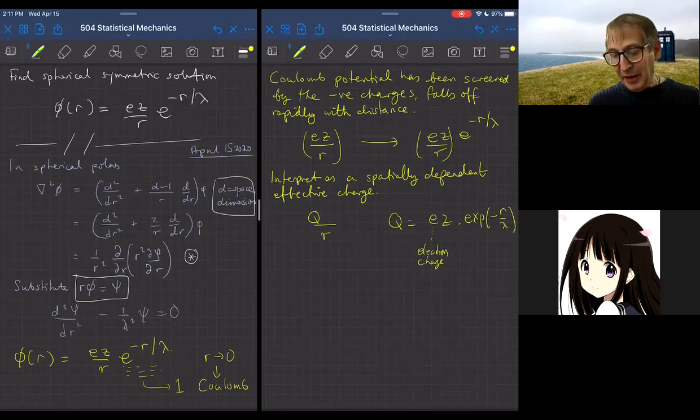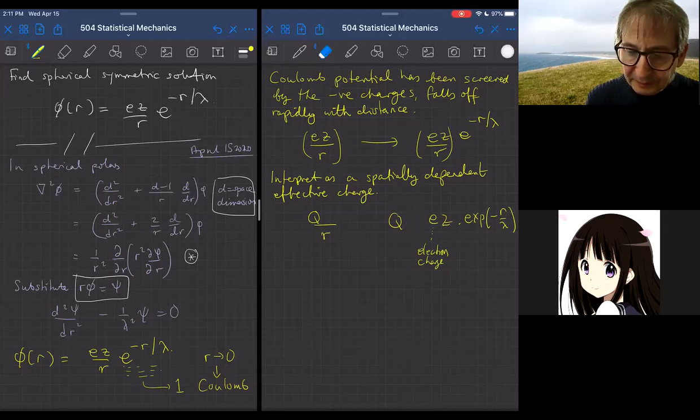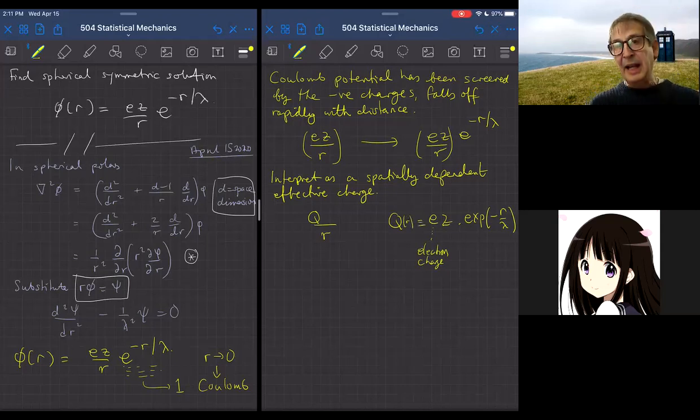And so we can see that Q is now an R-dependent quantity, and the charge increases the closer you get to the origin. So this is the idea of a sort of renormalized charge.